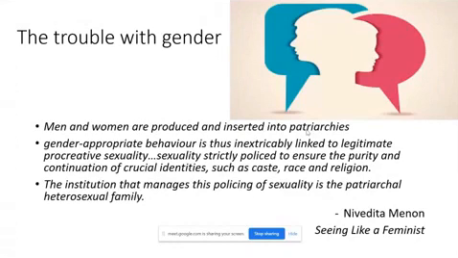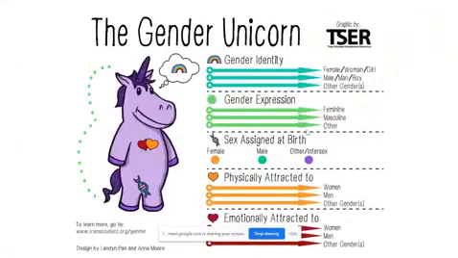Now, I've got a very interesting metaphor for you, the metaphor of the gender unicorn, so that it becomes easier to understand what is gender identity, gender expression, and how gender is different from sex and sexual orientation. So on the image, you can see that gender identity is depicted by a rainbow.